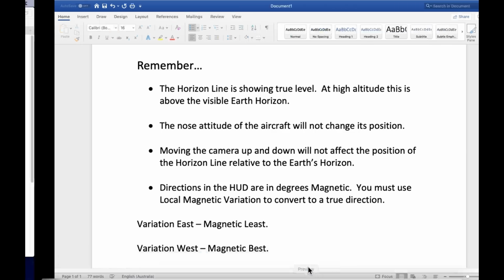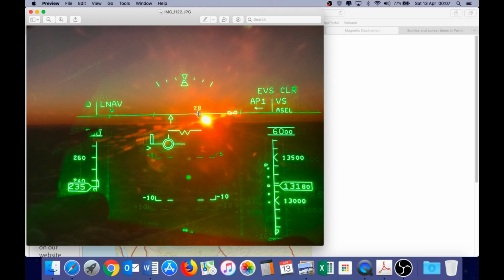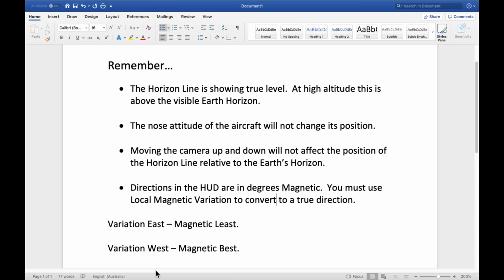So if we have a true direction of 280 degrees and a variation of 1 and a bit degrees, the head-up display is going to show a direction of 281 and a bit for the position of the sun. And as you can see, that is absolutely perfect. So remember, directions in the head-up display are in degrees magnetic.